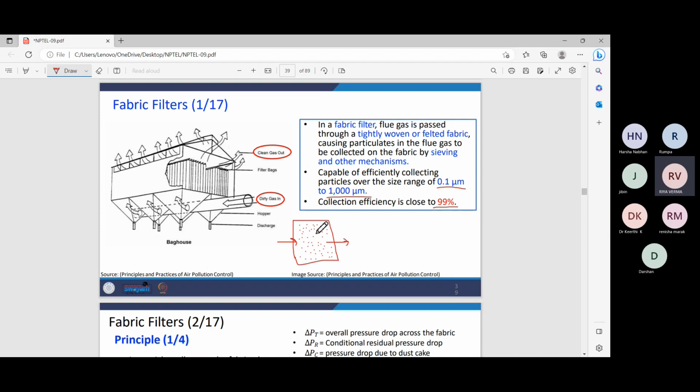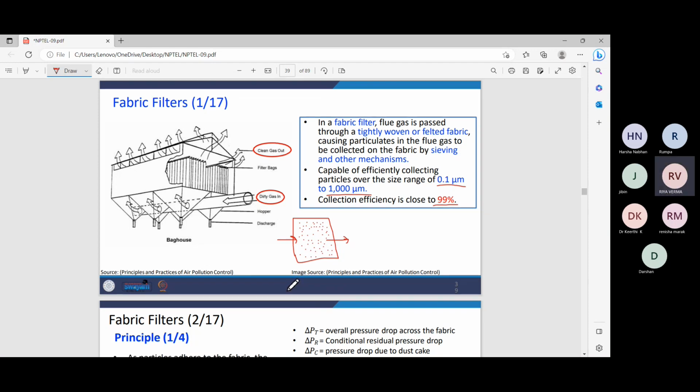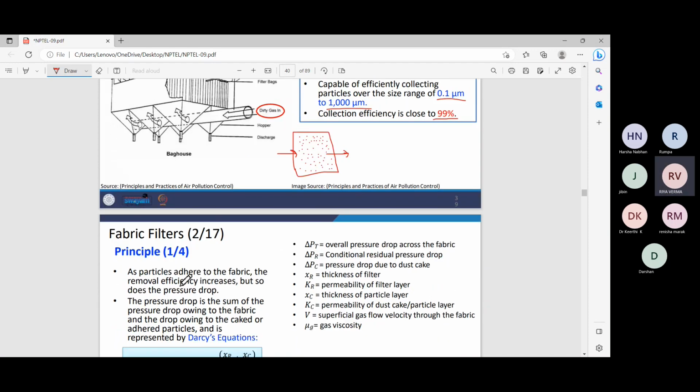That way it will start trapping smaller particles. So the collection efficiency is increasing, but the pressure drop will also increase, because it will resist the flow of gas from this section to the outer section.